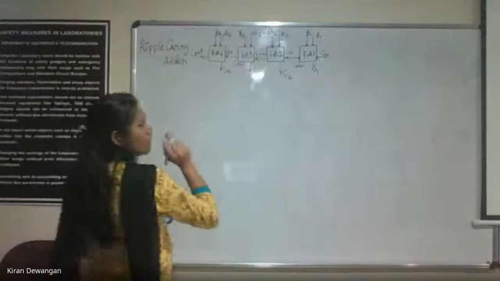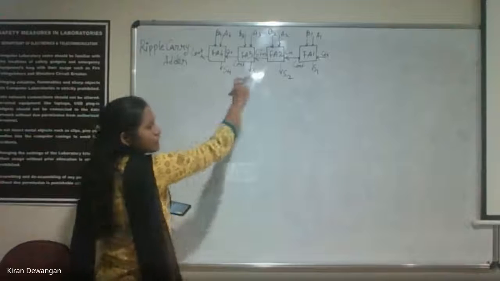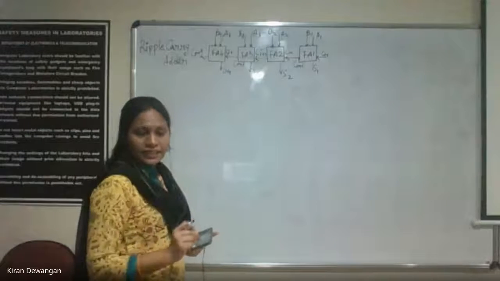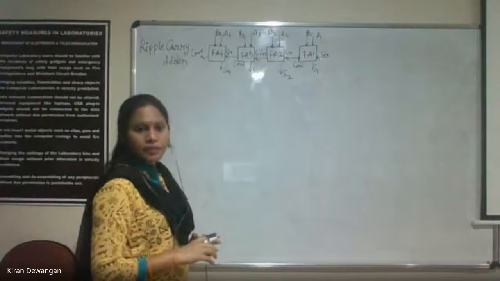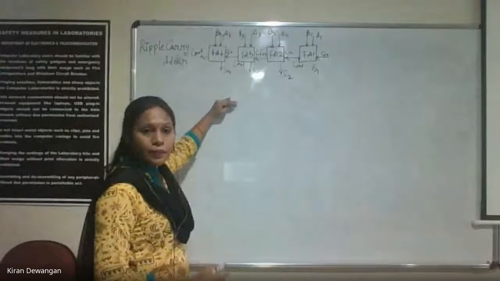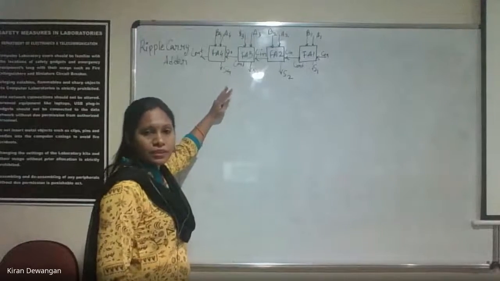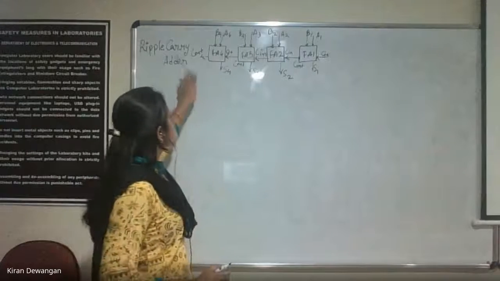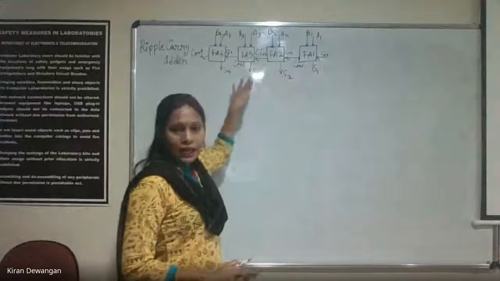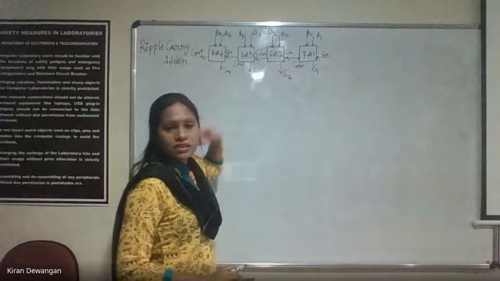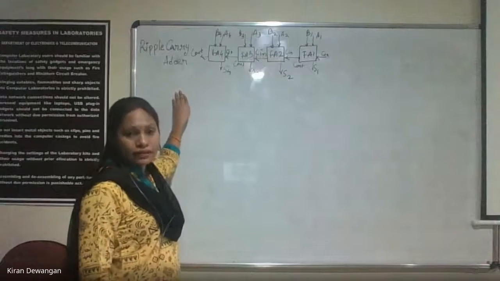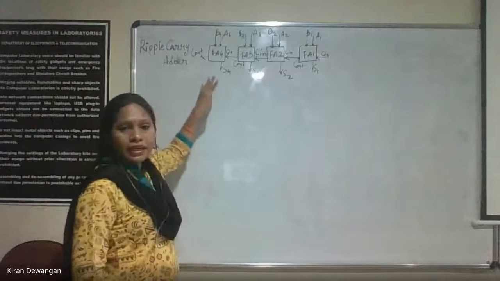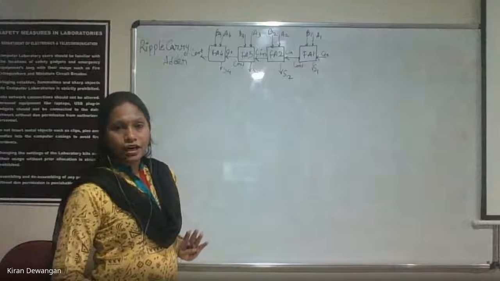Now we have a problem that the carry gets rippled and we don't get the exact output at the same instant, though we call it a binary parallel adder. Parallel means we should get the simultaneous output, but due to the ripple carry from the first full adder to the second full adder, we don't get the instantaneous output. The output will be obtained after a certain delay of time.